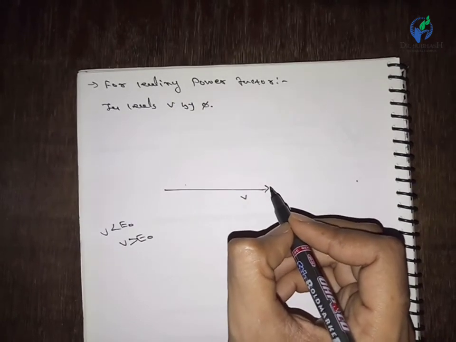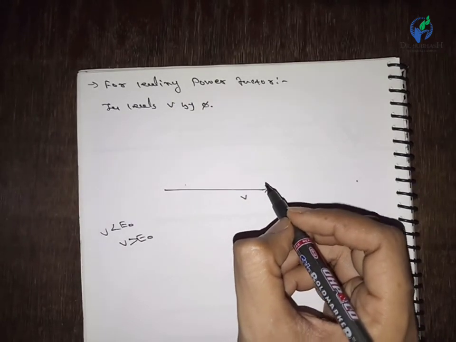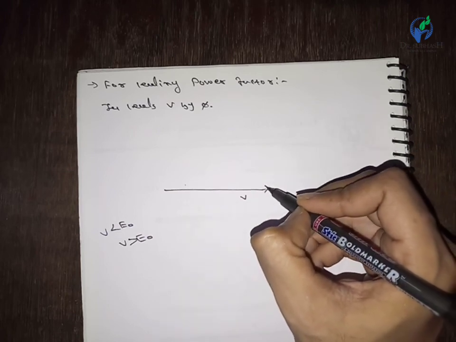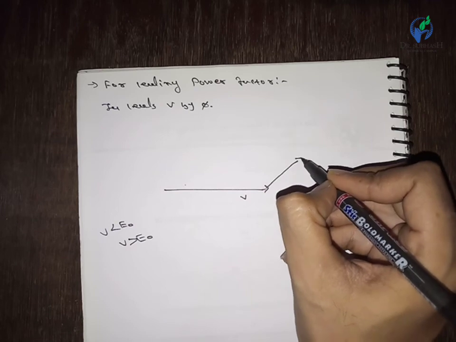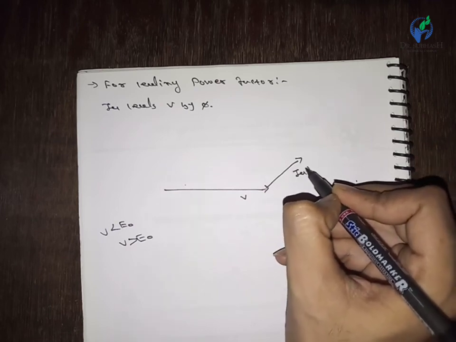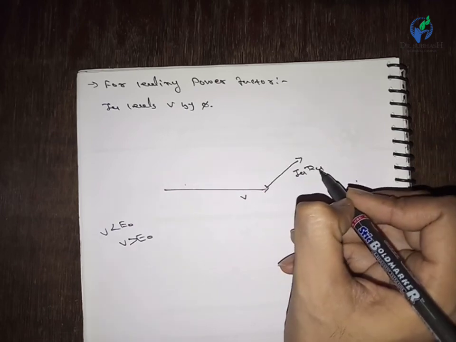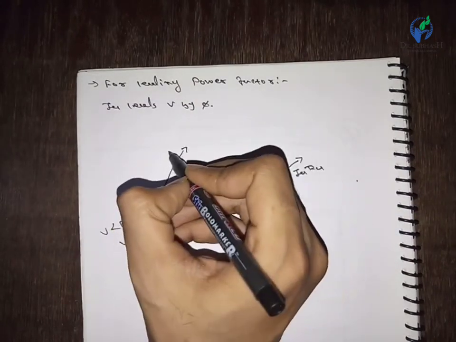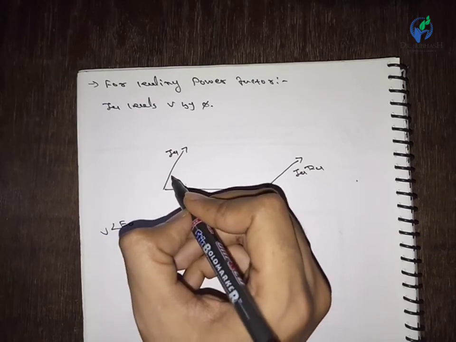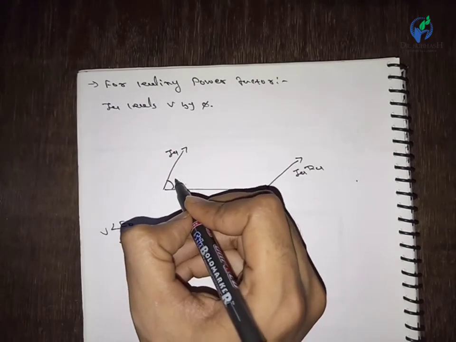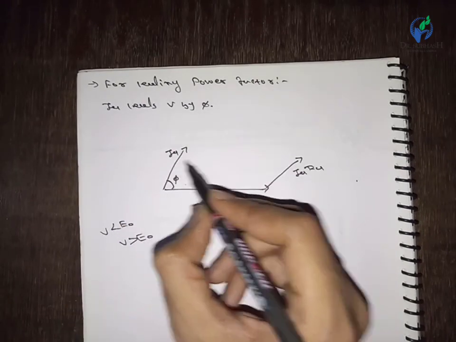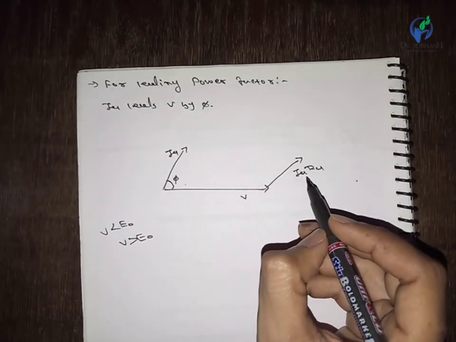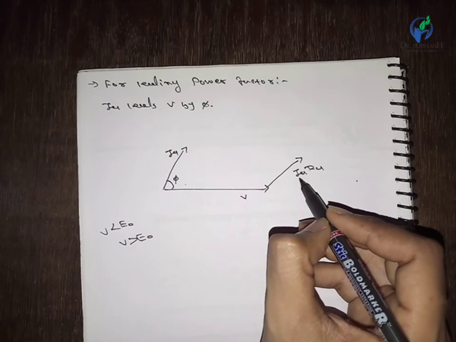In the same way, we represent the current for a leading power factor. Ia into Ra is in the same phase as the Ia current, with angle phi between Ia and V. When we draw the line of Ia into Xs, it is at 90 degrees to Ia into Ra.